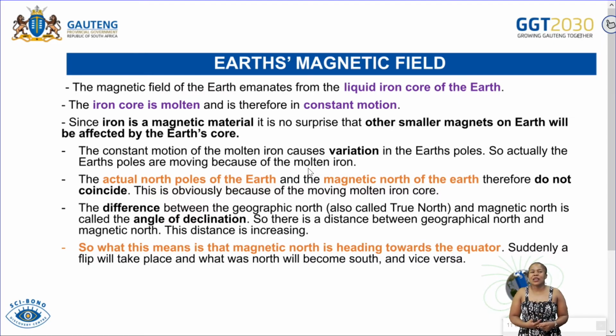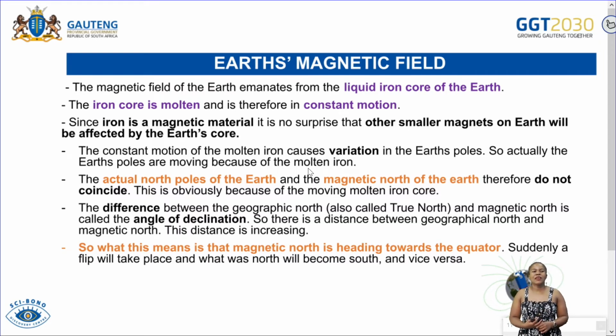Now, the actual North Pole of the Earth and the magnetic north of the Earth, therefore, do not coincide, meaning they are not in one direction. They differ by a certain angle of declination. Now, they're not in the same position, if we can put it in simple language. This is obviously because of the moving molten iron core.